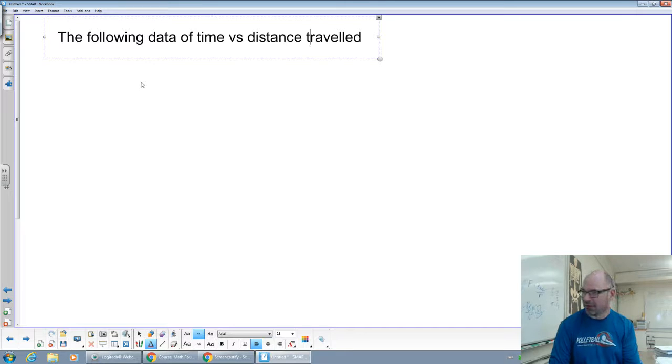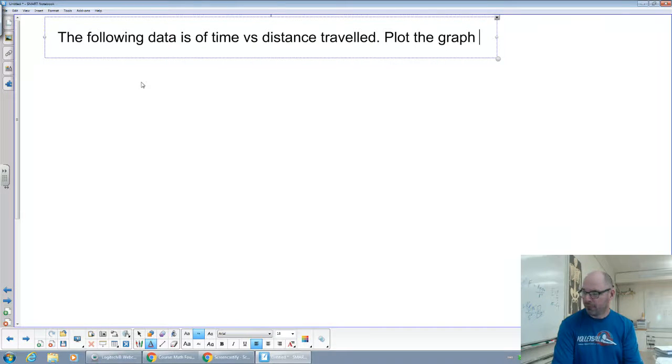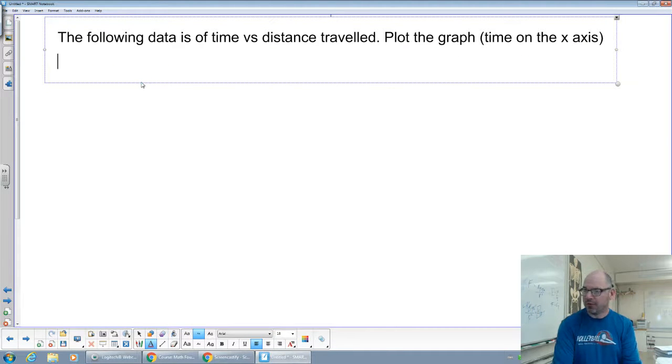Let's say the following data is of... plot the graph. Okay, we're going to put time on the X. Plot the graph and find the following and answer the following.